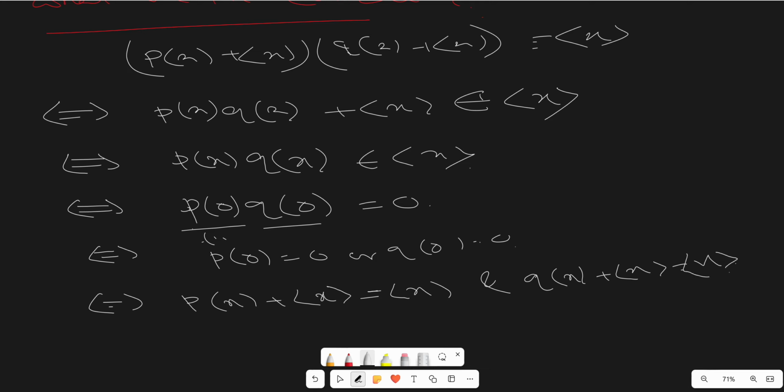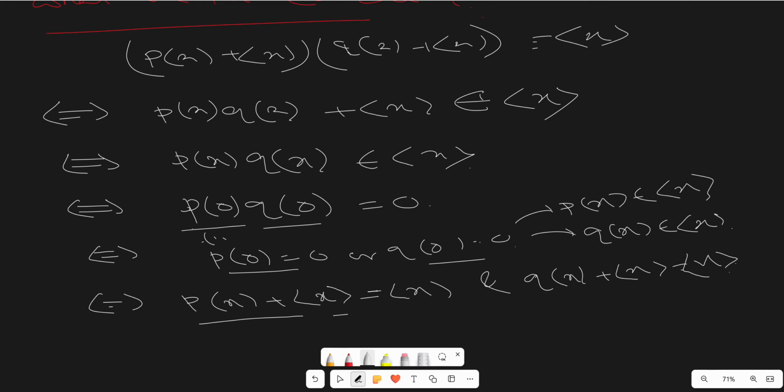Are you getting my point? See here, P0 is 0, Q0 being 0, that means Px is inside the ideal generated by X, Qx inside the ideal generated by X. So if this happens, automatically it is either this 0 or this 0.